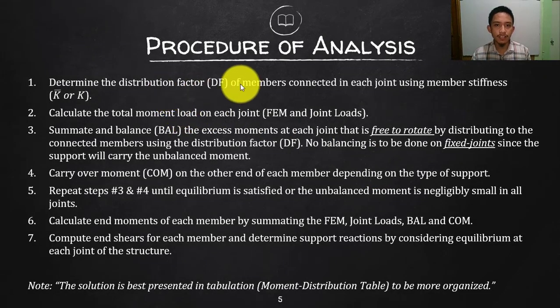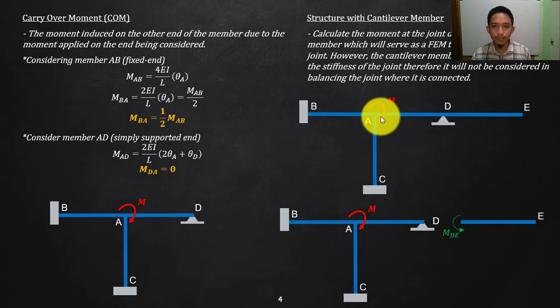Okay, so once you have the distribution factor, calculate now the loads or the moments on the joints. These are the fixed end moments and the joint loads. If we say joint loads, we are considering a moment, since we are just analyzing moments.